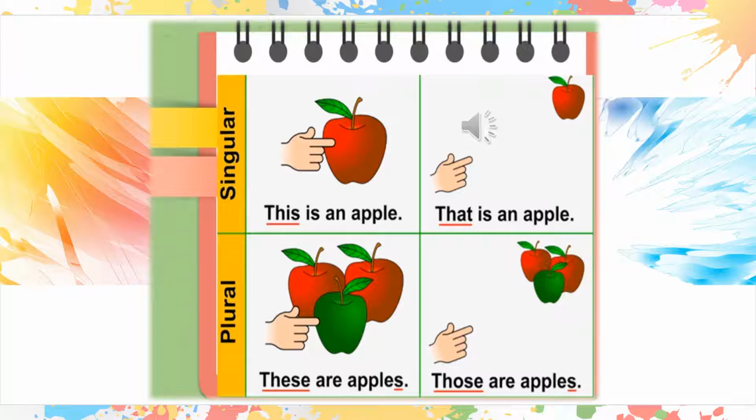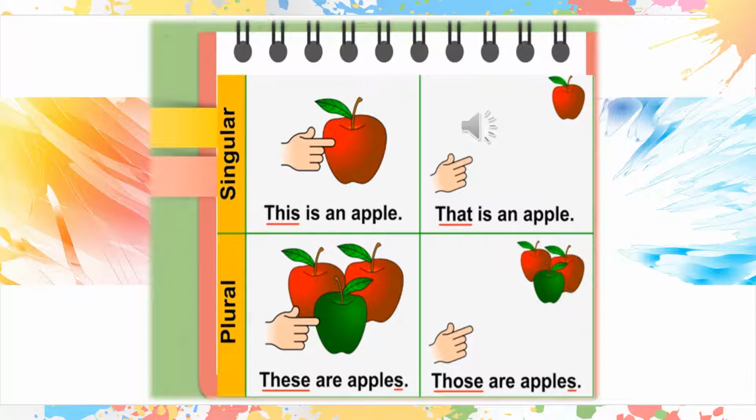Now, plural objects. There are 3 apples in the picture, which are very close to the pointing hand. So we will write, these are apples. Now the same apples are at some distance.